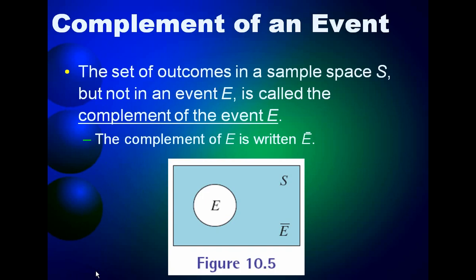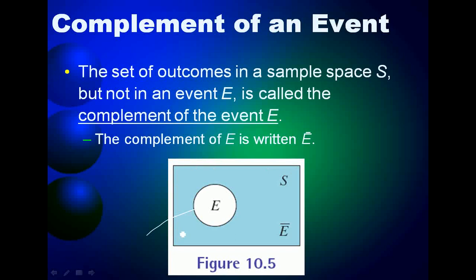So the complement of an event. The complement of an event is written as the event with a line over it. Here we have a circle, and inside the circle is the event. Let's say everybody in this event is people who wore flip-flops to school today.